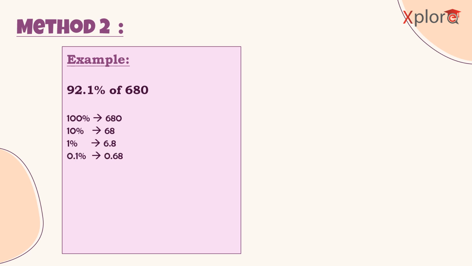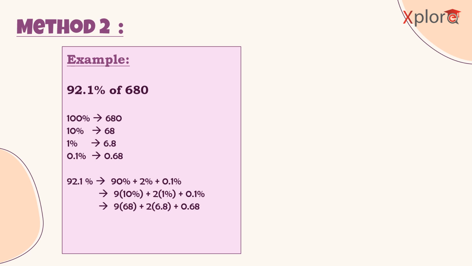0.1% is 0.68. Now, can I write this 92.1 as 90% plus 2% plus 0.1%, where we can write 90 as 9 into 10, 2% as 2 into 1, and 0.1 as it is. Because I have the values of 10, 1 and 0.1, that is why I am splitting it in this manner. Now 10% value is 68, we already got it.